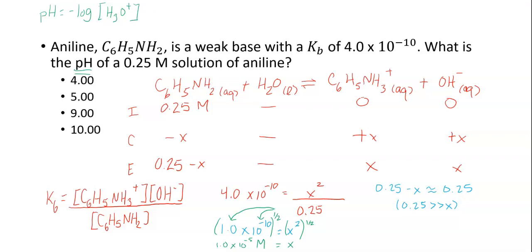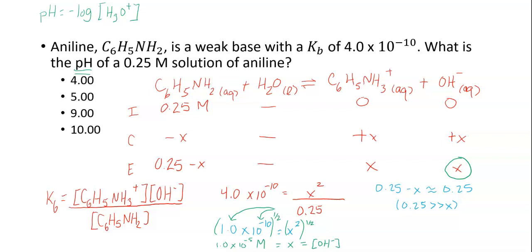In this case, though, I don't have H3O+ anywhere. But the next best thing is OH-, and the reason is because there's a relationship between OH- and H3O+, or pH and pOH, however you want to look at it. So this is equal to the concentration of OH-.